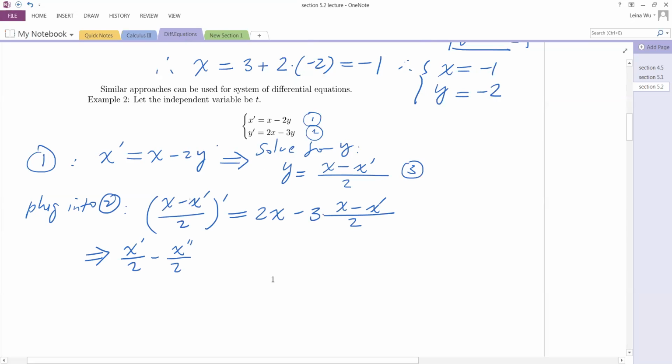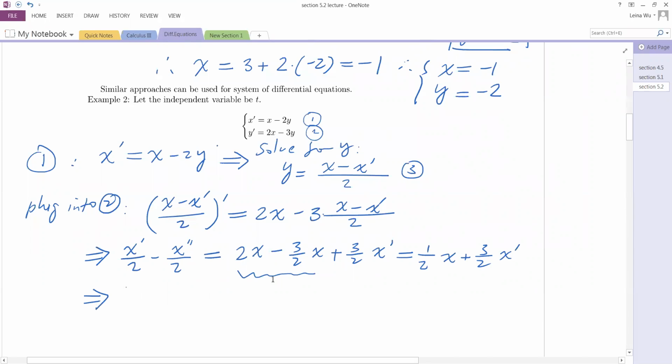I distribute the prime onto the top. On the other side, you have 2x minus 3 over 2 x, and then minus turns to plus 3 over 2 x prime, which you can combine. The x terms will be 1/2 x plus 3 over 2 x prime.